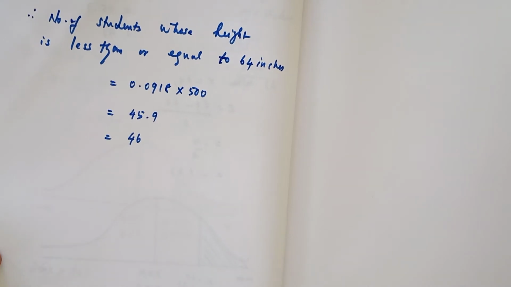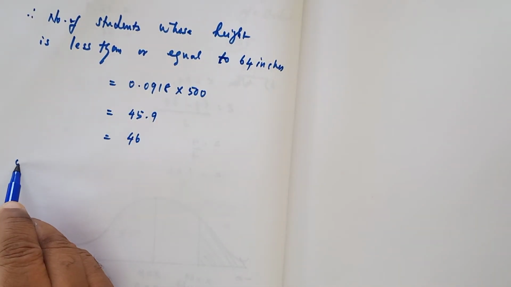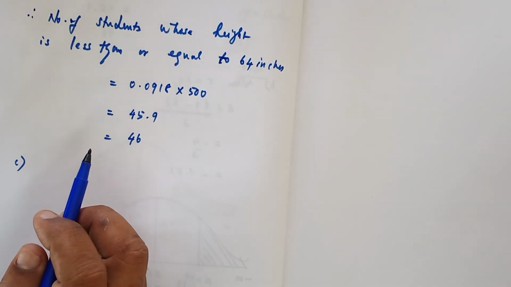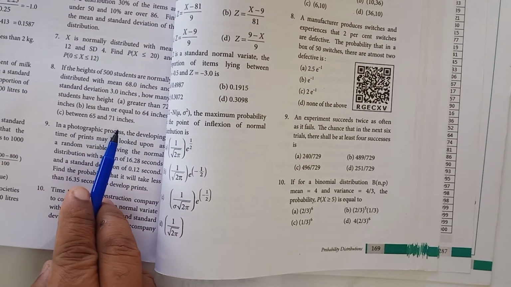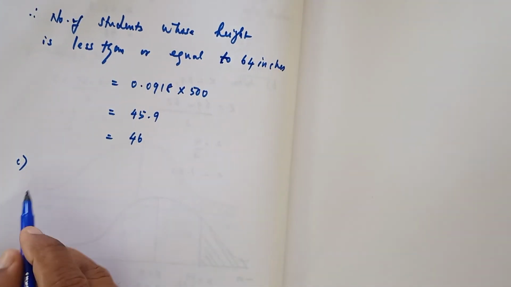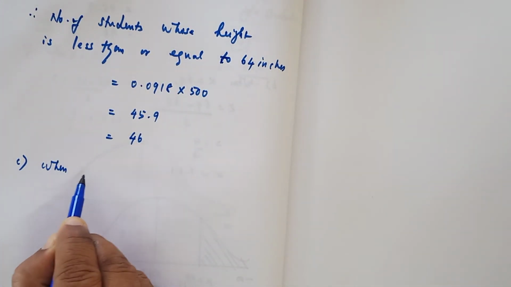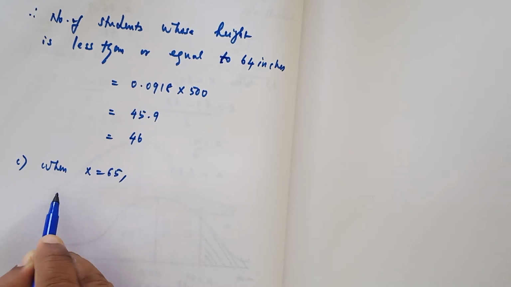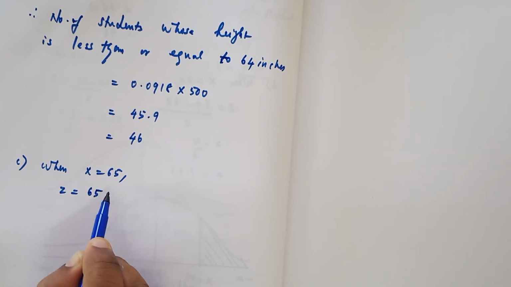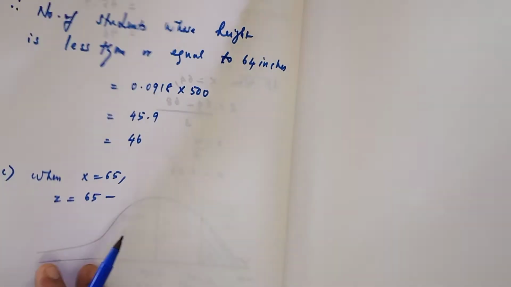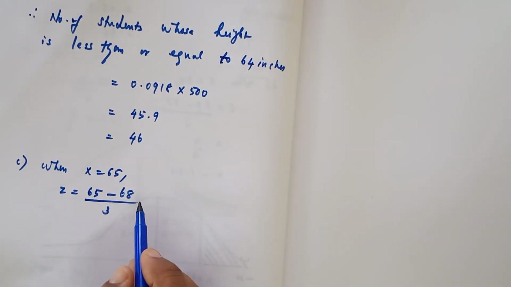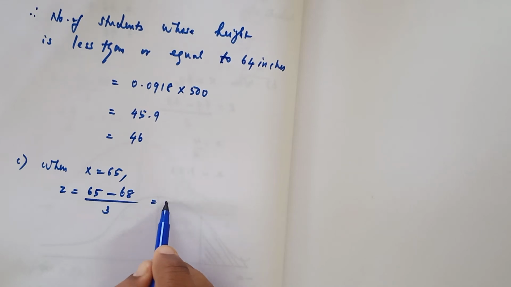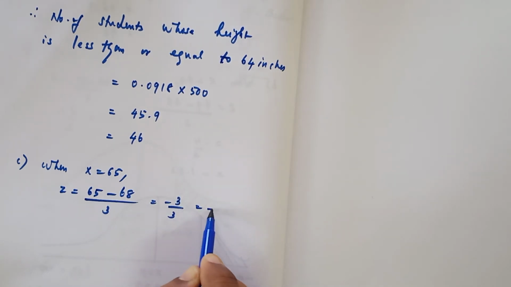Part B over. Now the last part, that is C. Here the question is between 65 and 71 inches. First take 65. When x is equal to 65, z equals x minus mu, the mu value is 68, divided by sigma value 3. 65 minus 68, that is equal to minus 3, divided by 3, that is equal to minus 1.